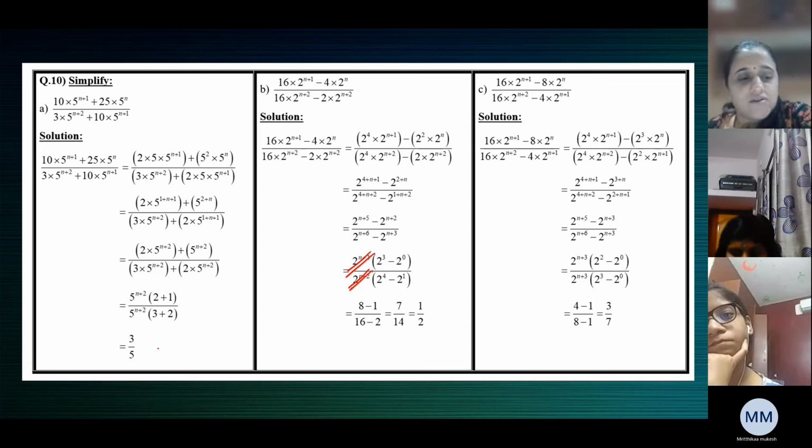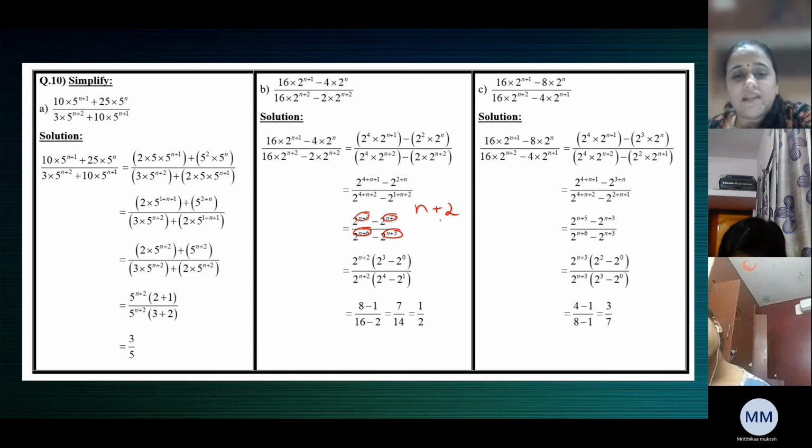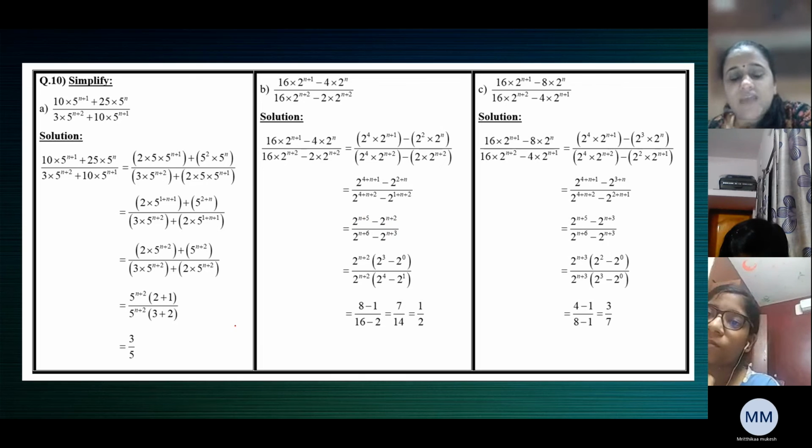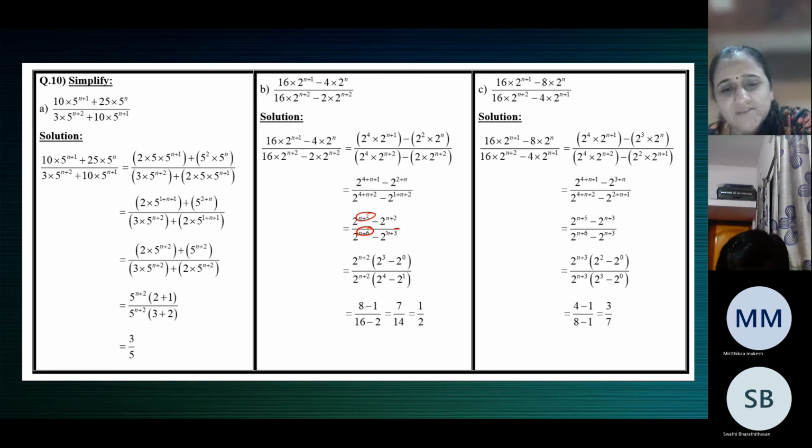So when you look at all this, this is n plus 5, this is n plus 2, n plus 6, n plus 3. So n plus 2 looks to be the least. See, actually you can take anything common. You can take n plus 5, n plus 6, n plus 3. I'm just trying to explain what is here, and I'm giving a reason so that you understand.